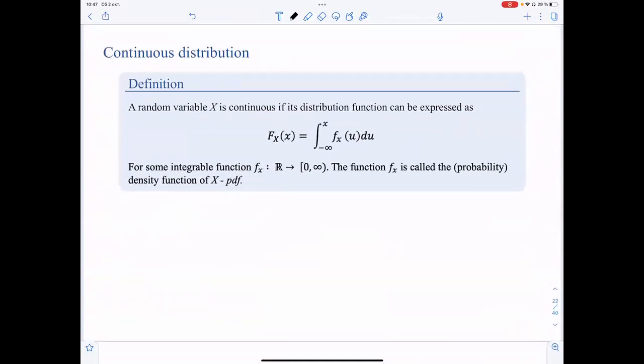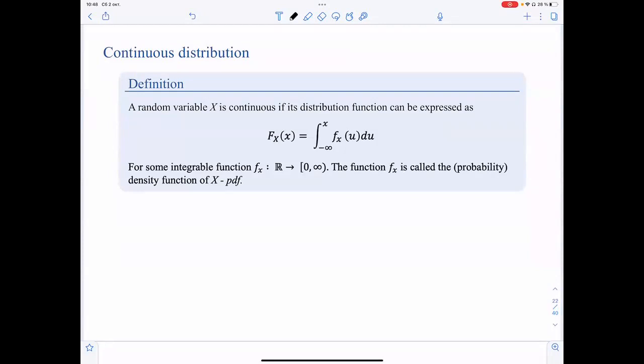And the CDF of a continuous random variable is an integral of the PDF from minus infinity up to the threshold value. So intuitively speaking, an integral is a kind of continuous analog of the sum.